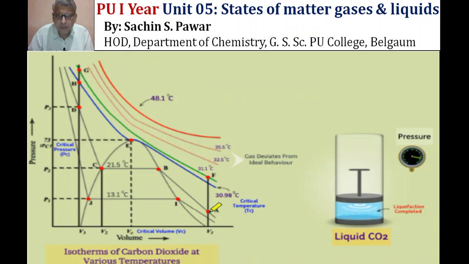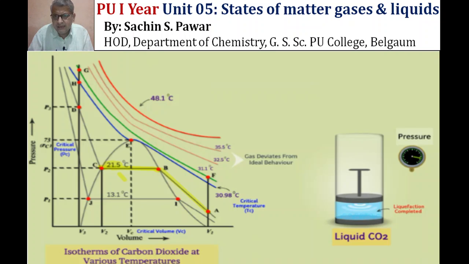When I come from point A to point B, you see there is gas, but at point B, when the temperature is 21.5, the liquefaction has started. And when I move from point B to point C, you will see liquid as well as gas.